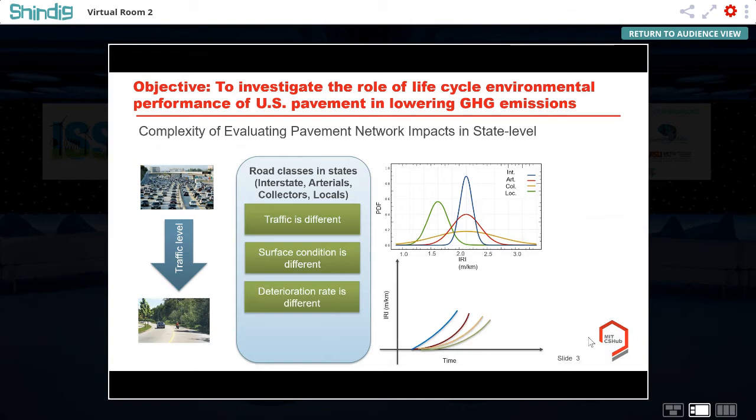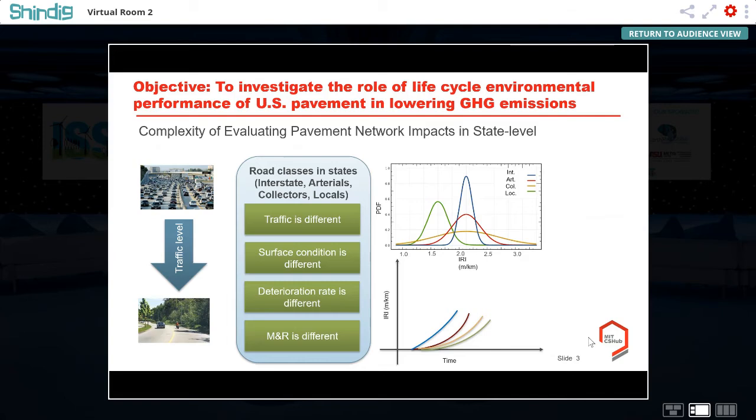And the deterioration rate is quite different for different types of roads. Again, depending on the thickness, the traffic volume, or even the climate condition, the deterioration rate is quite different for different roads. And at the end, the maintenance and repair actions are different in different parts of the United States and different regions.